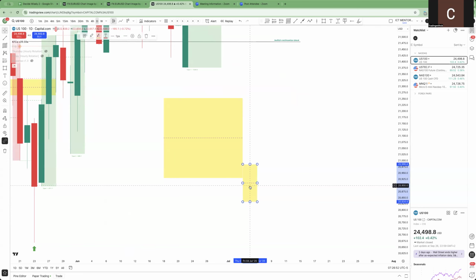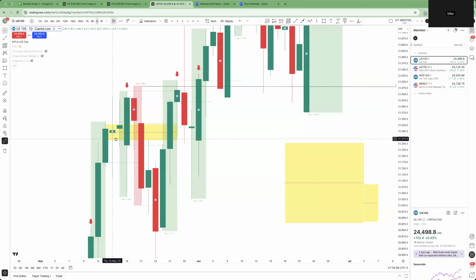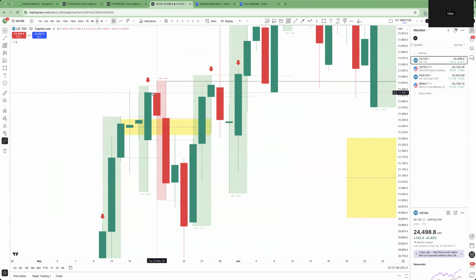The rejection block would be a wick. The continuation block is like an inverse, in quotes, of your other block.